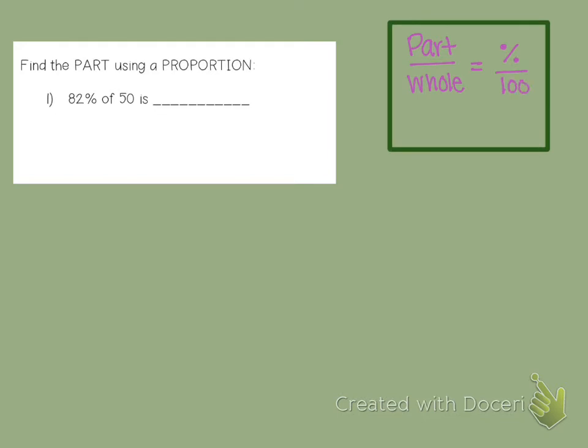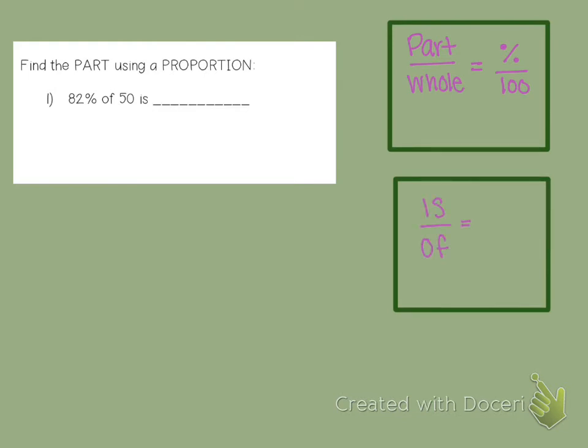Okay, and then our second proportion is over of equals percent over 100. So part is the same thing or equal to the is, and whole is the same thing or equal to the of.